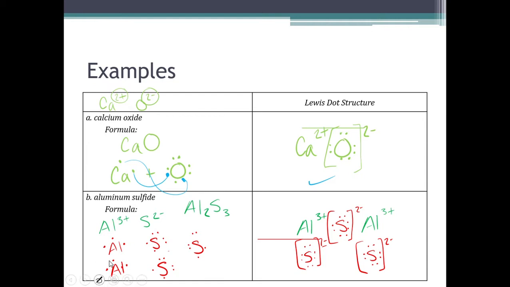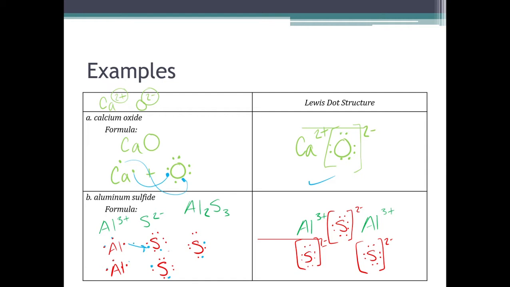So now we're going to have to transfer electrons. Good thing we've got 6 over on our 2 aluminums, and we are missing 1, 2, 3, 4, 5, and 6 over here.